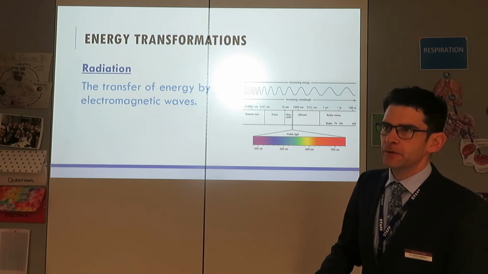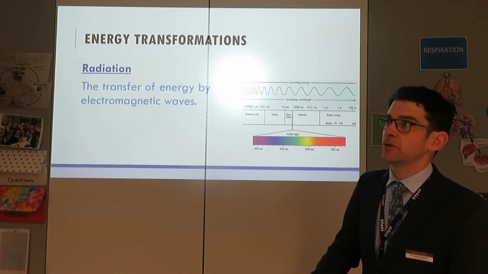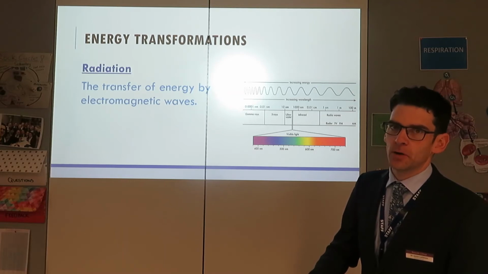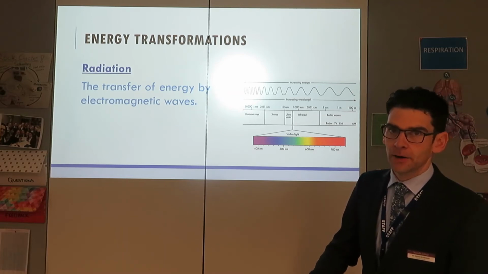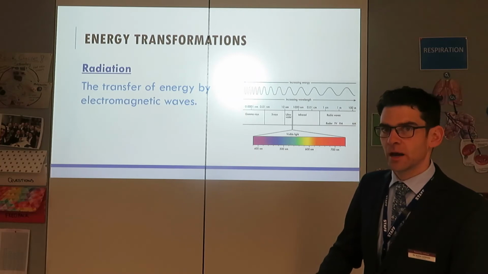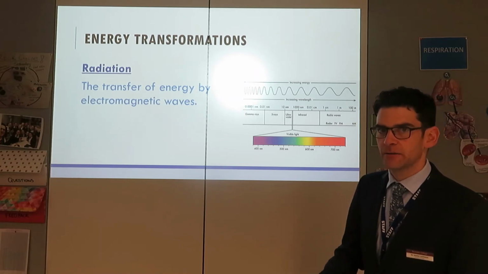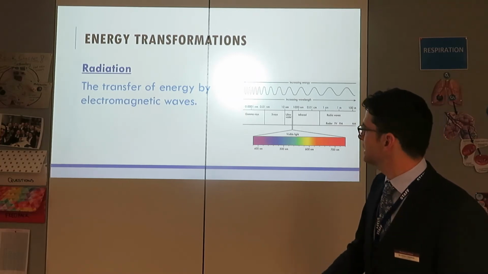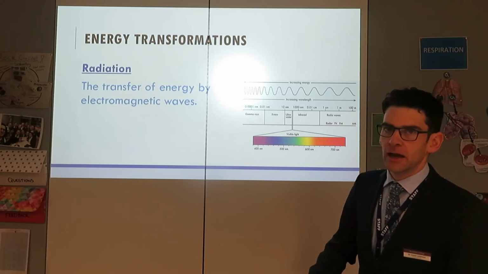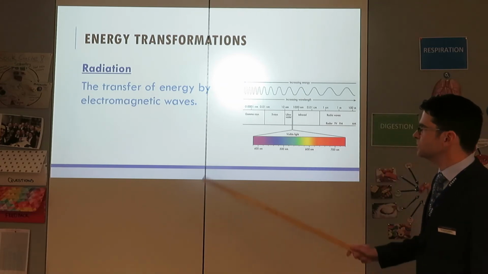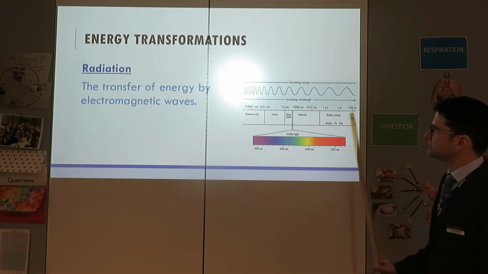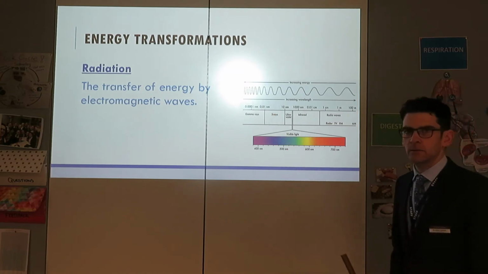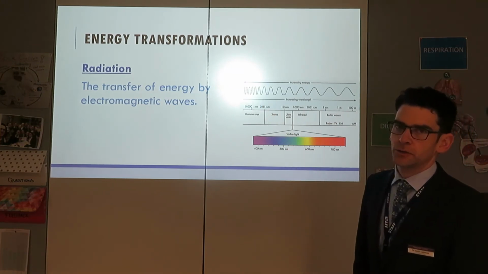If you ask any physicist, I'm sure they'll give you a quite complicated, detailed answer as to why the electromagnetic spectrum behaves both as a particle, something that has mass, as well as a wave, something that doesn't potentially have mass. But we won't go into that. Essentially, radiation comes in all different shapes and sizes, and we usually present this along a linear scale, which is called the electromagnetic spectrum.